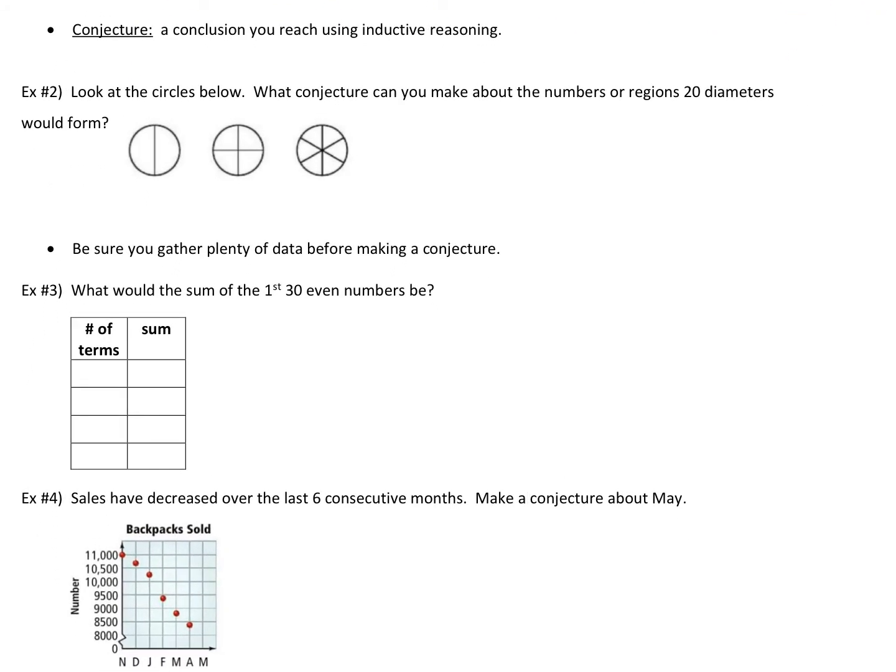If you look at these circles, what conjecture can you make about the number of regions that 20 diameters would form? Okay, so look at this first one. In this circle, how many diameters do you have? One diameter. How many different sections of the circle did it give you? Two.